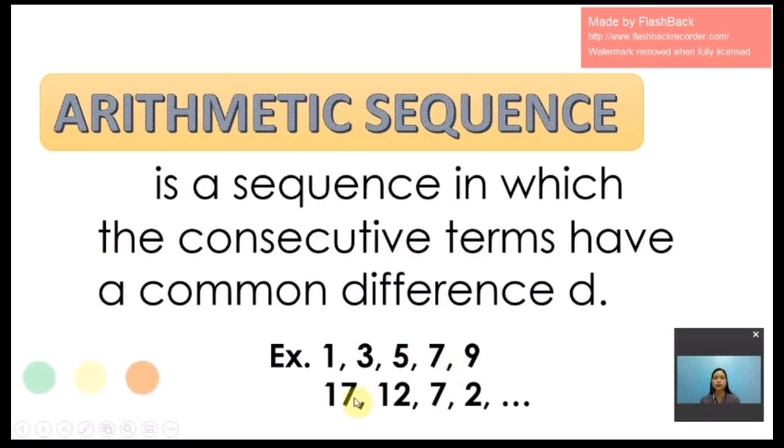Another example, you have 17, 12, 7, 2, and so on. Here, the common difference d is equal to negative 5, since 12 minus 17 is negative 5, 7 minus 12 is negative 5, 2 minus 7 is also negative 5. So these are examples of arithmetic sequence.